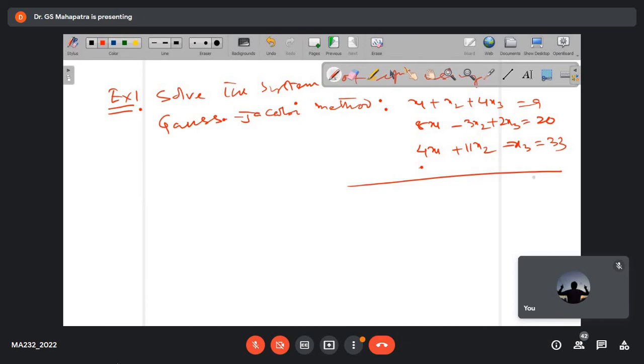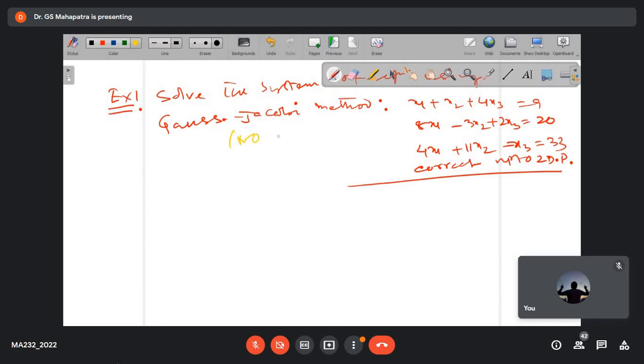The criteria is given, but the initial approximation is not given. Correct up to 2 decimal places. Okay, 2 decimal places. Fine. So, what are the first observations?